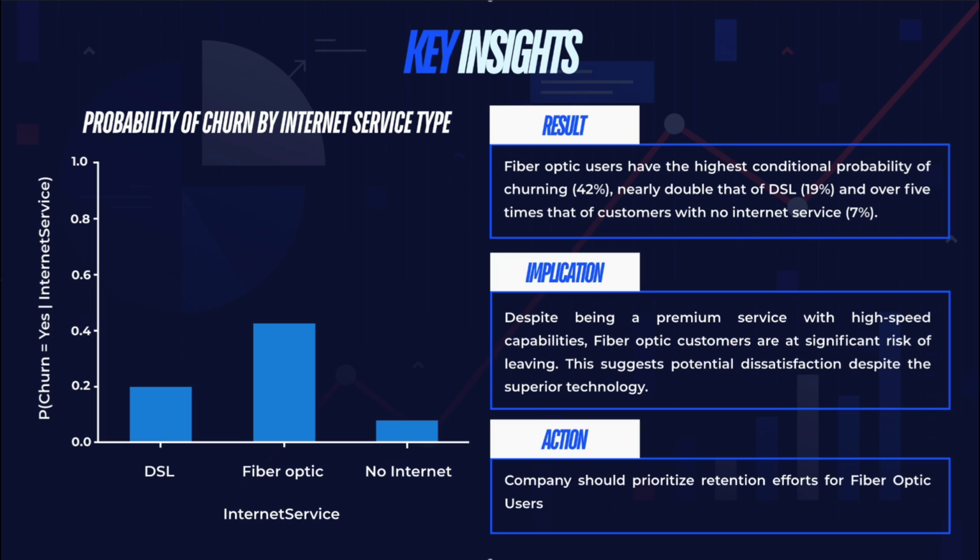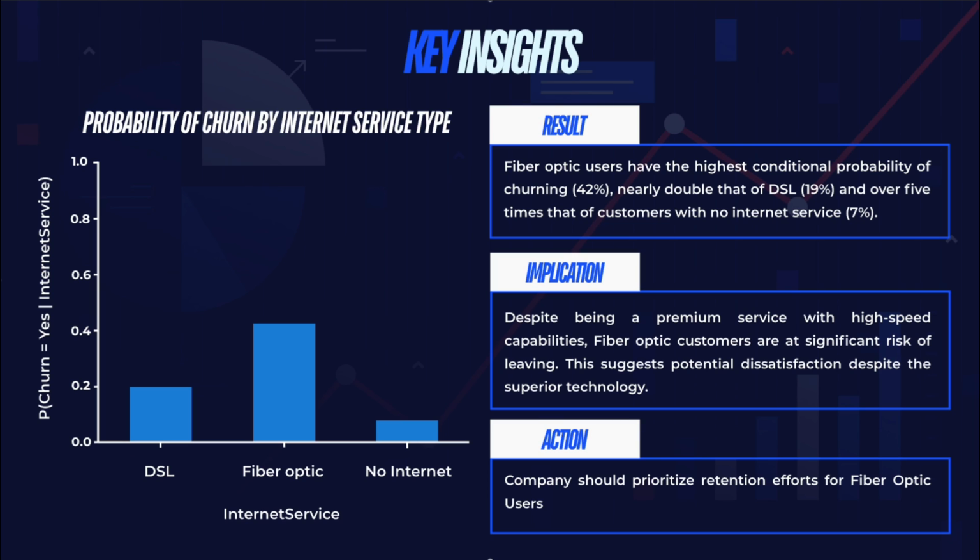This is very interesting because fiber optic is a premium service with high speed capabilities, even faster than DSL. The customers who use fiber optic are at significant risk of leaving, and this might suggest some potential dissatisfaction because of, for example, the contract or some kind of slow internet or interruption and so on and so forth.